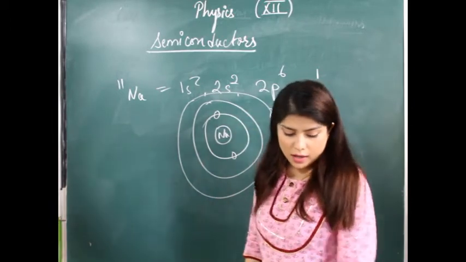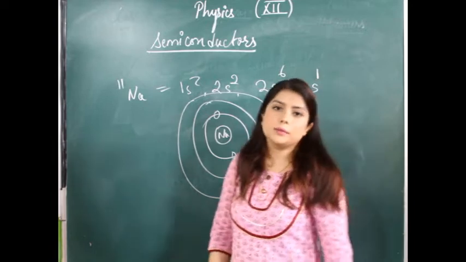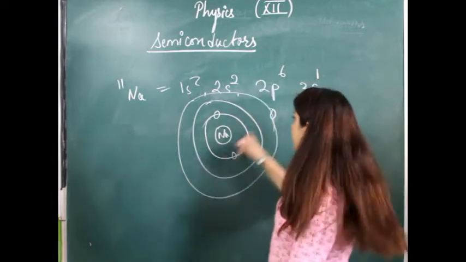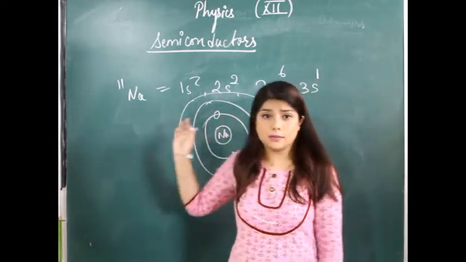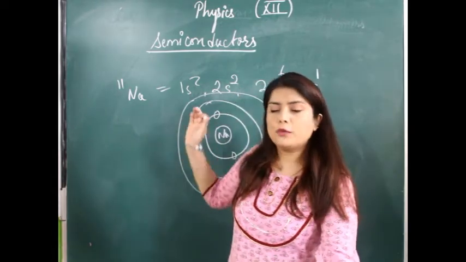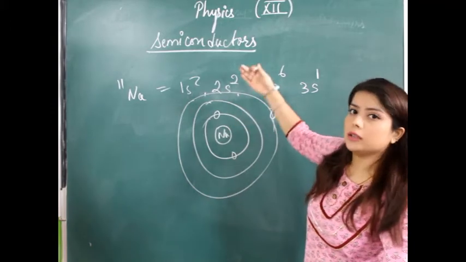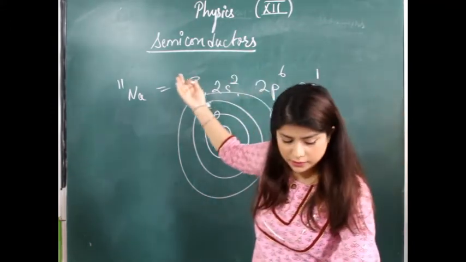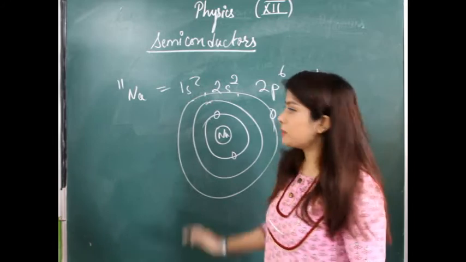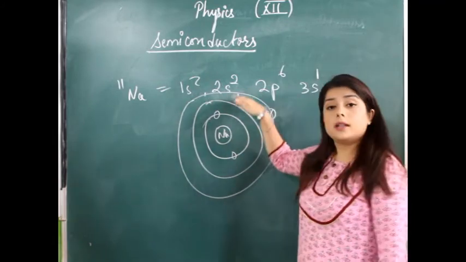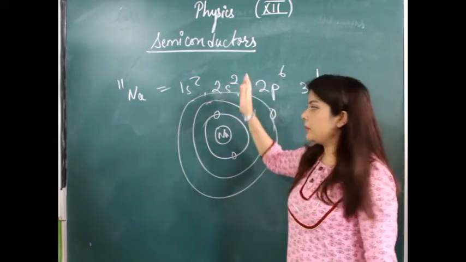Because there is only 1 electron over there, this electron is unstable. They form different bands of energy. The energy in each band is different. The range of energy possessed by an electron of a band is known as an energy band.